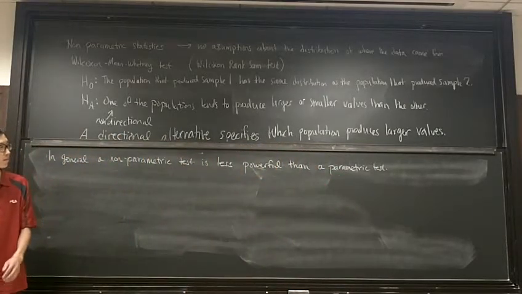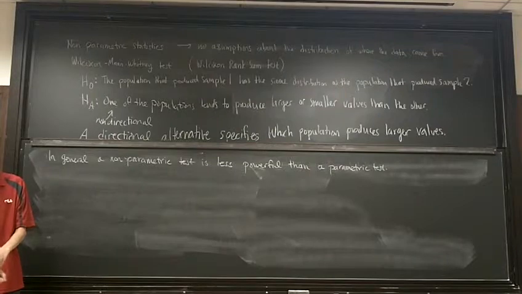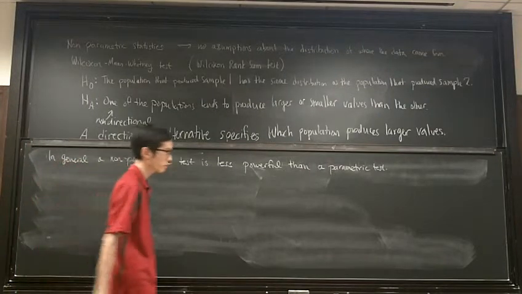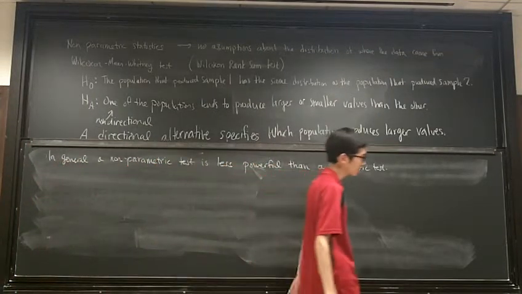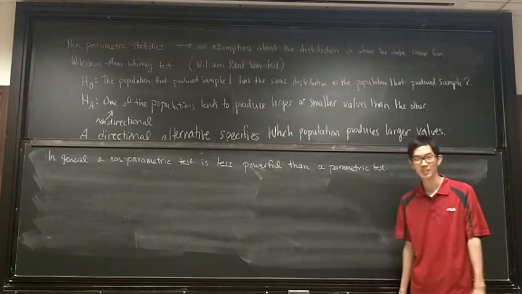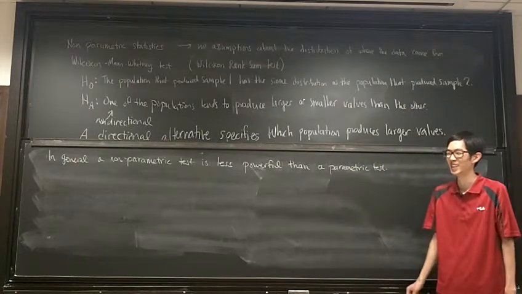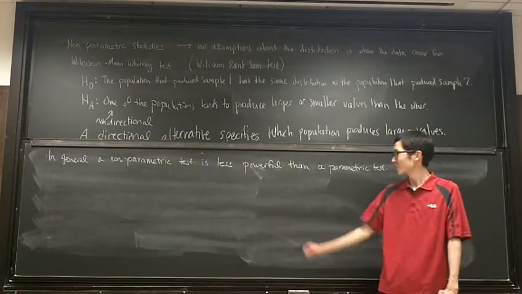It has a higher probability of committing a type 2 error, meaning larger beta.